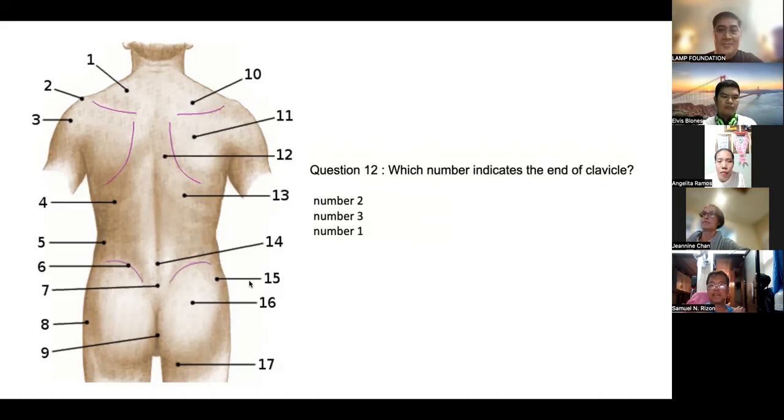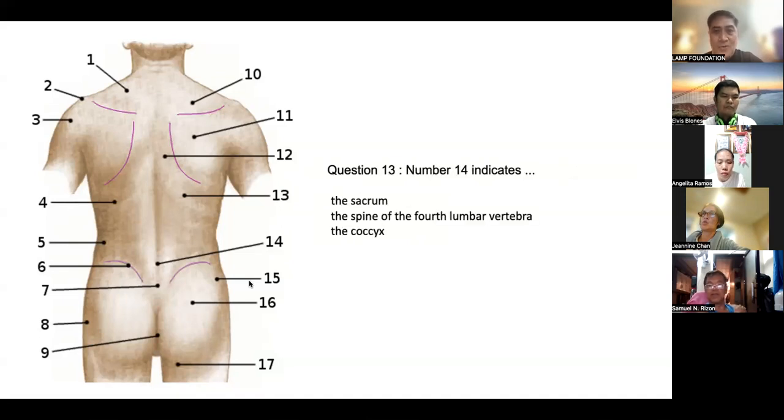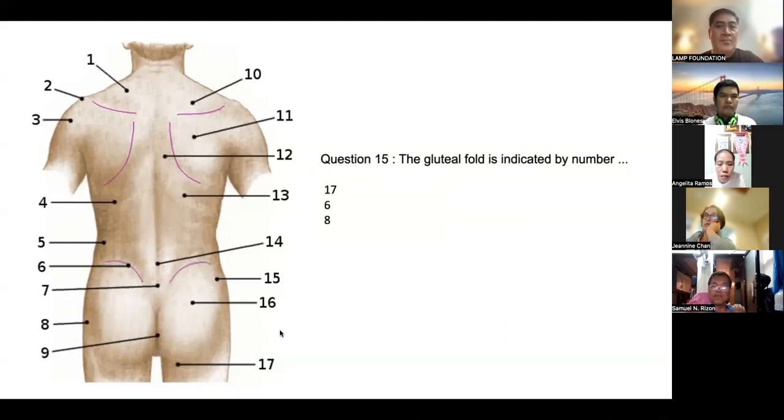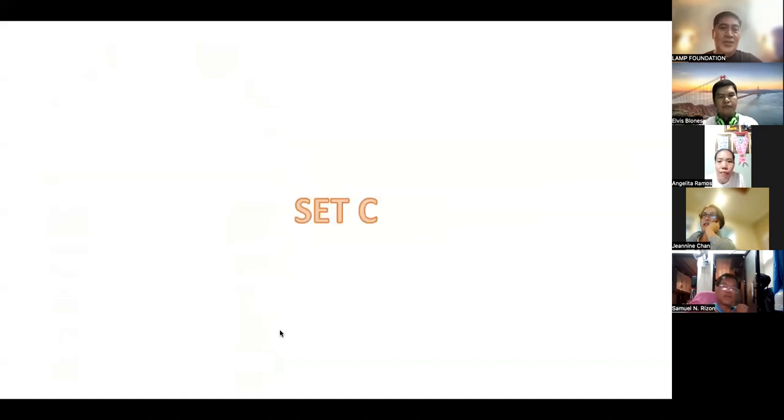Okay, sa gitna. Which number indicates the end of clavicle? Number 2. Number 14 indicates what? The spine of the fourth lumbar vertebra. Number 16 is pointing to what? The gluteus maximus. Gluteal fold is indicated by what number? Number 17.